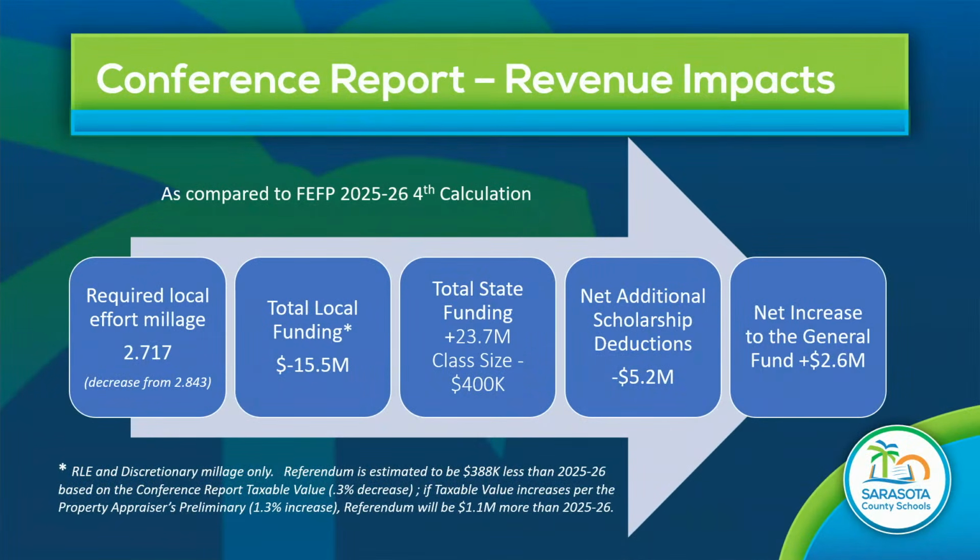So that is a net increase to our general fund of $2.6 million. But here's the thing. That's the net of the entire amount. Because of the enrollment piece, then we're going to see a decline. That doesn't mean we're receiving $2.6 million. Most of that will be passing through to charter schools and not to us because of their increased enrollment.